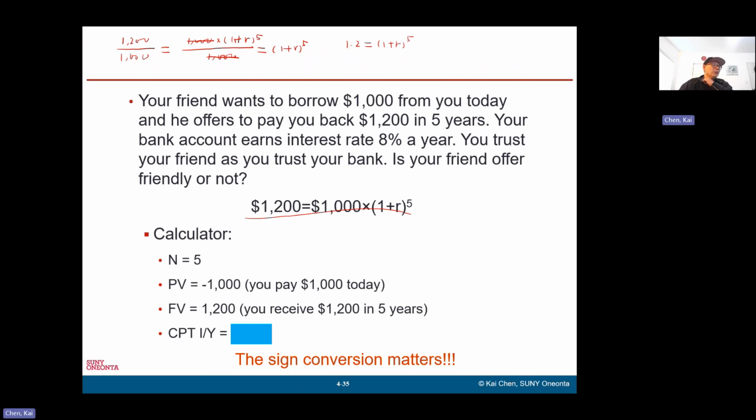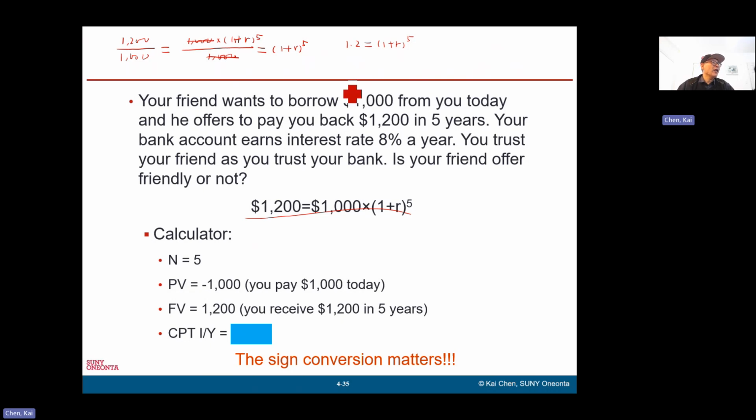We're going to solve this equation for r. How can we do that? Of course, we're going to take a 5th root on both sides. We're going to take a 5th radical on both sides.